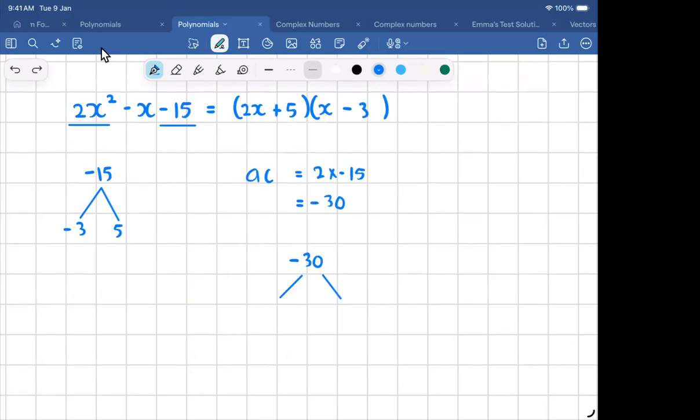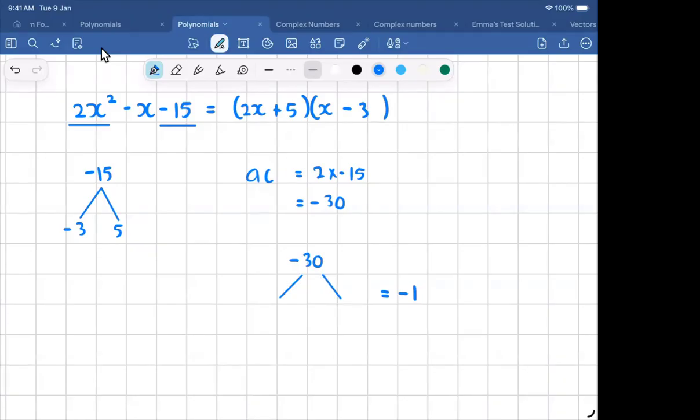Wait, what's in...? We're looking at the middle term, right? So what's the coefficient of the middle term? 1. Right. So put this equal to minus 1. And so we are looking for two numbers that would multiply to give minus 30 and add to give minus 1.